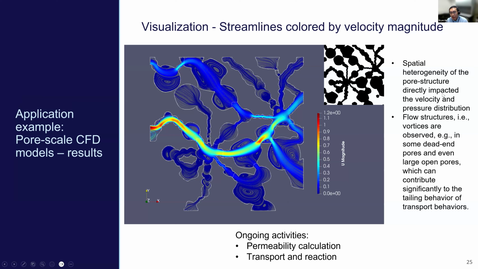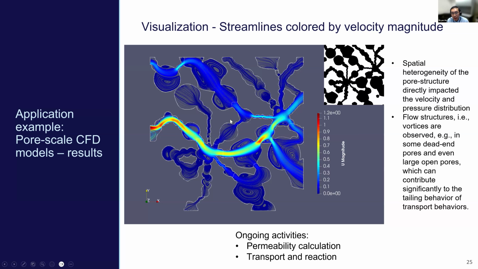So from this image, we can see there is a main path of the flow from here into these pore structures and going through these different pores and throats, then leaving the domain from here and there. And that's basically the main path of any flow that can enter into these pore structures.